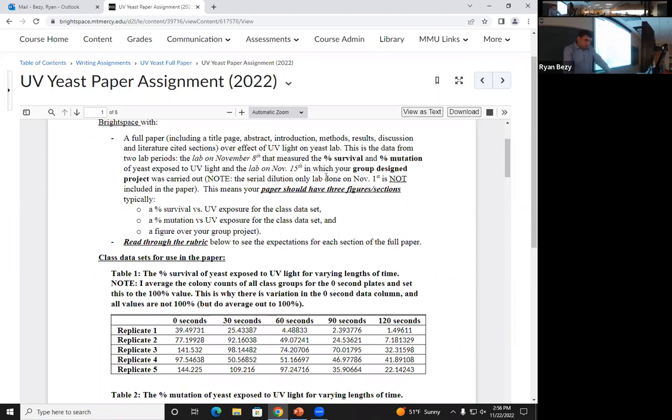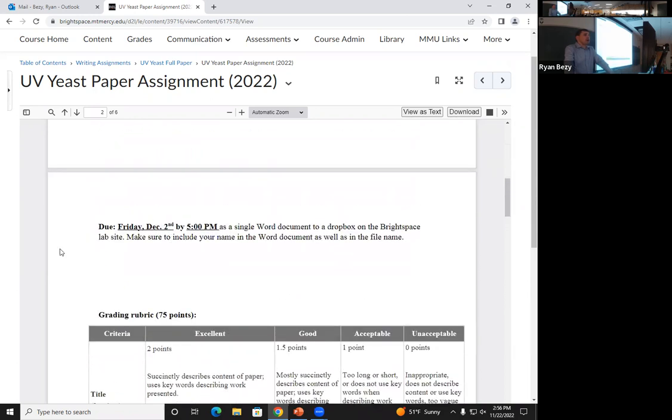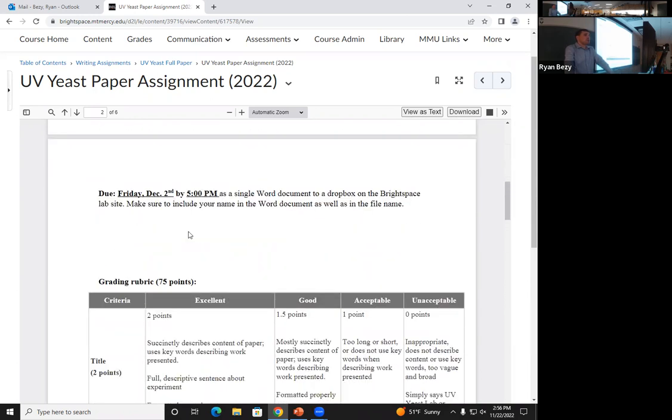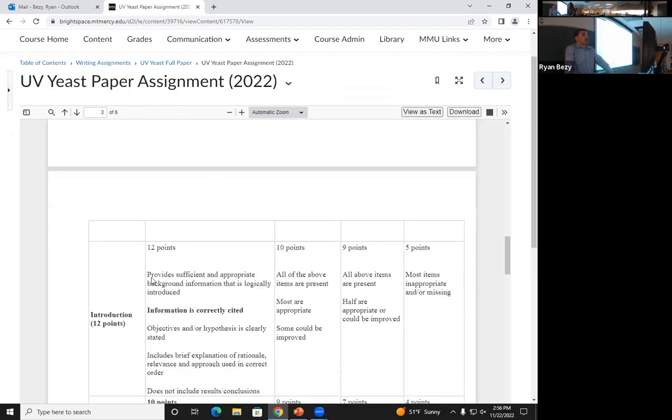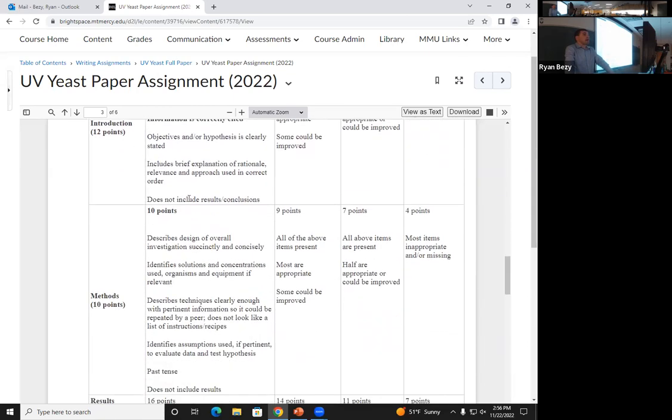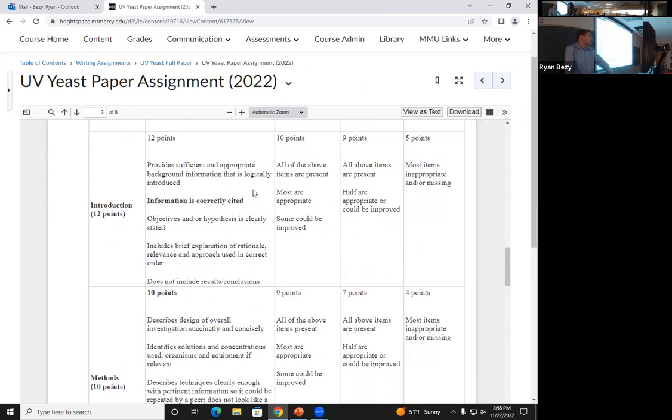Okay. So also make sure, again, Friday, December 2nd is when it's due. The rubric also goes through exactly what I'm looking for. I am wanting the abstract to usually be a minimum of 150 words to a max of 250 words, for instance. I am wanting the paper to have correctly cited information, particularly in the introduction section and the discussion section as well.